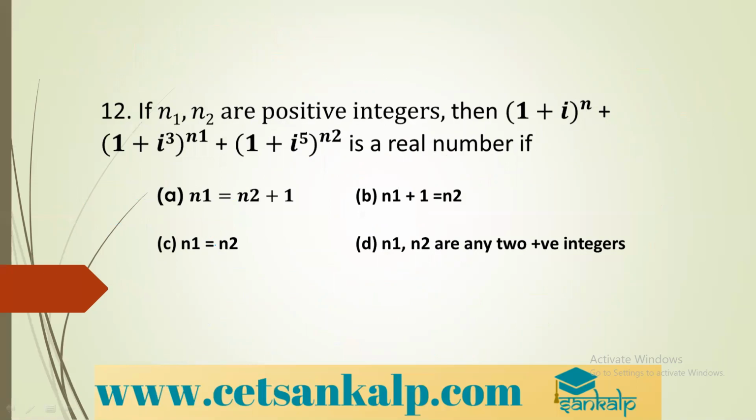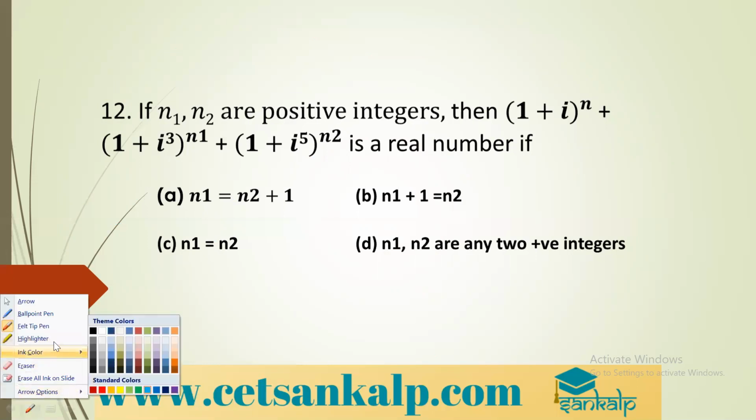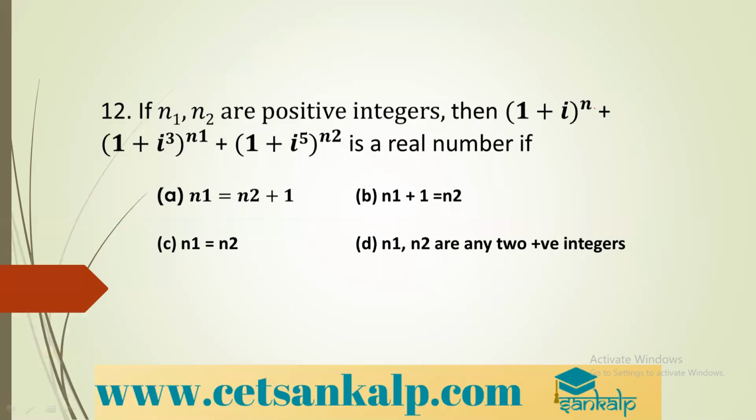Next question is, if n1 and n2 are positive integers, then (1 plus i) power n, this is not n, it is n1, correct it. (1 plus i) power n1 plus (1 plus i cube) power n1 plus (1 plus i) power 5 power n2, and there is actually one more also, (1 plus i) power 7 power n2 is a real number.